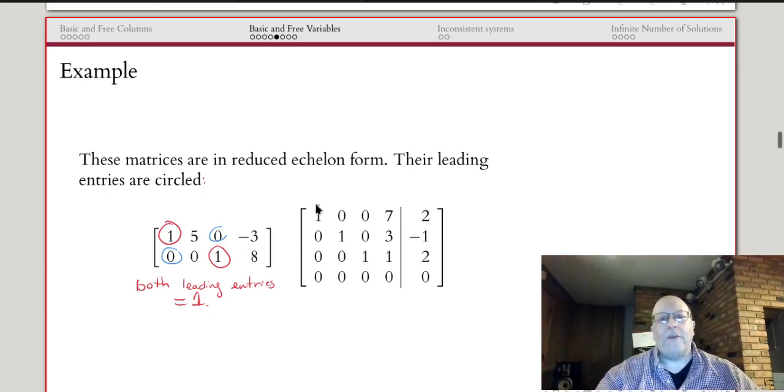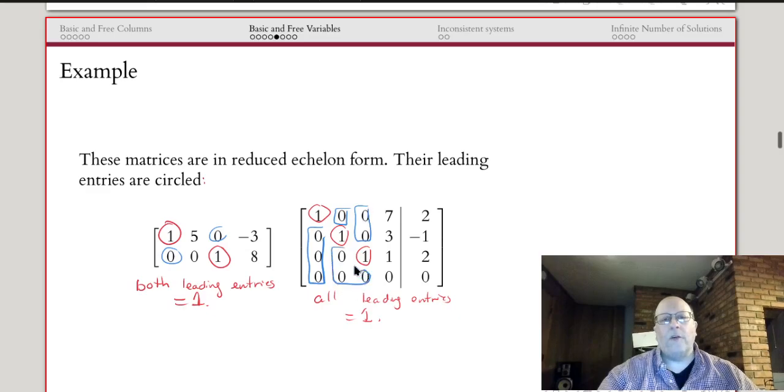In the second matrix, these are my leading entries. All of the leading entries are 1. And in the columns that contain a leading entry, the other entries in those columns are all zeros.